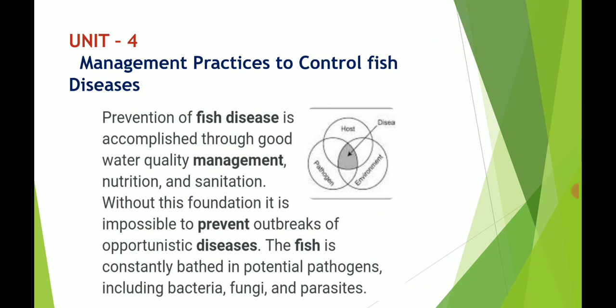So seen here, prevention of fish disease is accomplished through good water quality management, nutrition and sanitation. Without this foundation, it is impossible to prevent outbreaks of opportunistic diseases. The fish is constantly bathed in potential pathogens including bacteria, fungi and parasites.